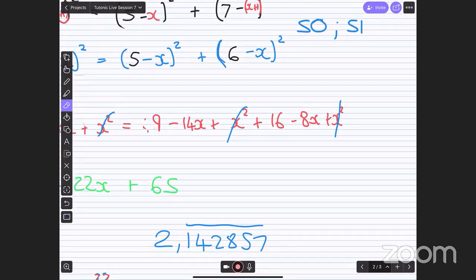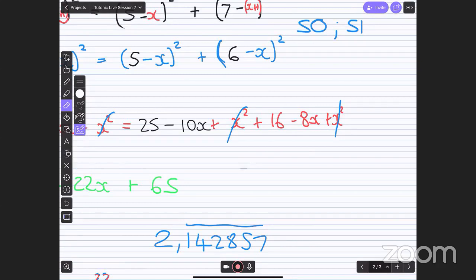So expand it out, guys. 25 minus 10x plus x squared. And then the 6 minus x squared.